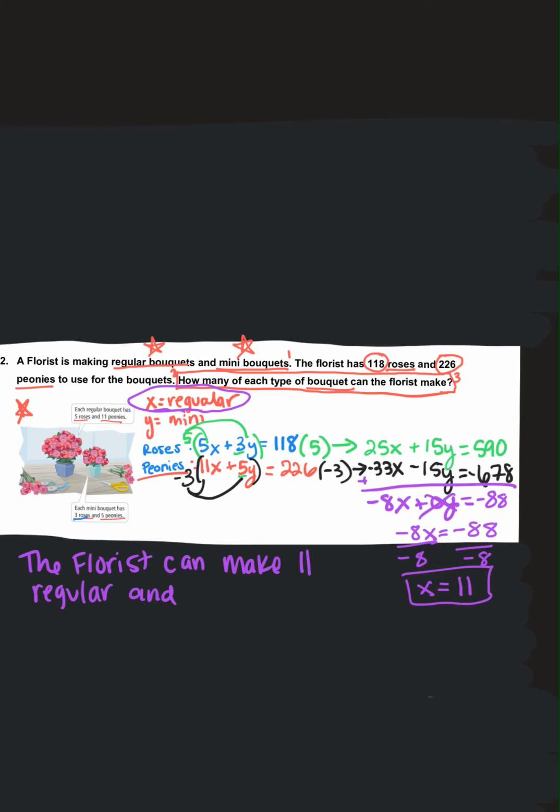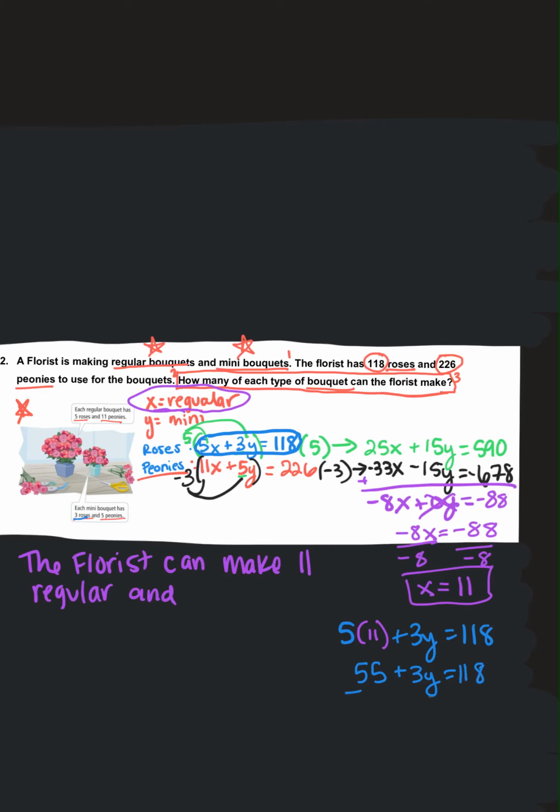Let's pick our first equation, this blue one that we had here, this 5x plus 3y equals 118. Let's plug 11 into x. So 5 times 11 plus 3y equals 118. Well, 5 times 11 is 55 plus 3y equals 118.